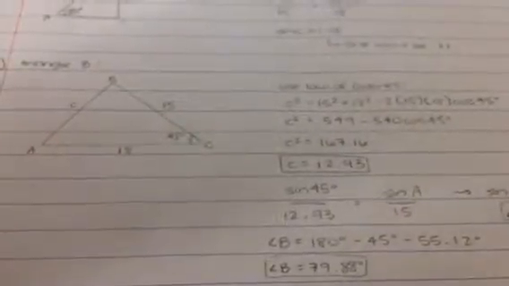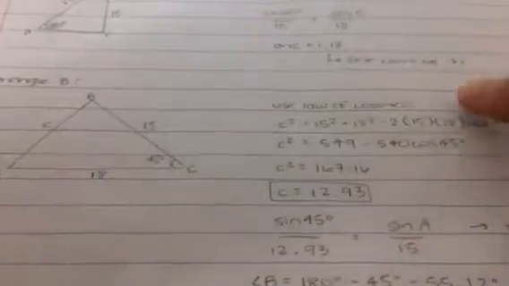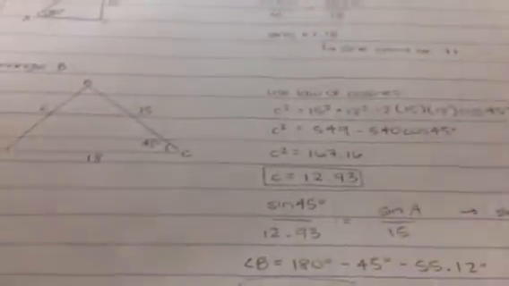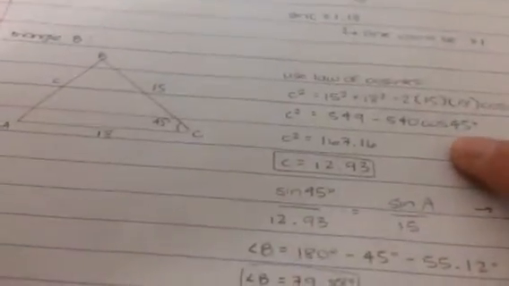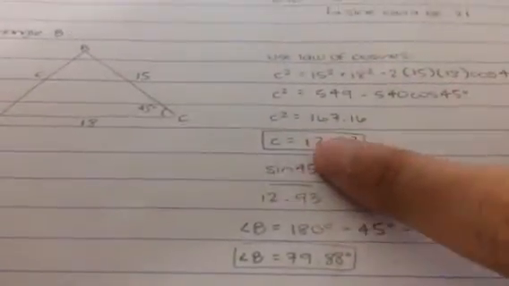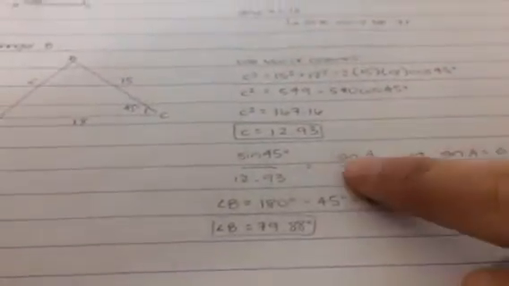I just plug this in my calculator, and c squared is equal to 549 minus 540 times cosine 45 degrees, which is about 167.16, and so c is equal to 12.93.